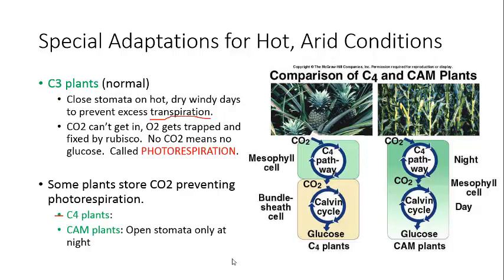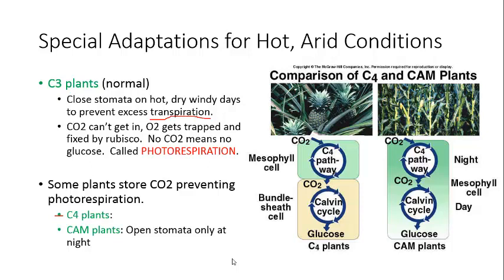You have things like corn is a C4 plant, sugarcane is a C4 plant, and the other type of plant is a CAM plant. CAM plants tend to really be the desert plants. Both C4 plants and CAM plants do one thing in common. They have the ability to store carbon dioxide.